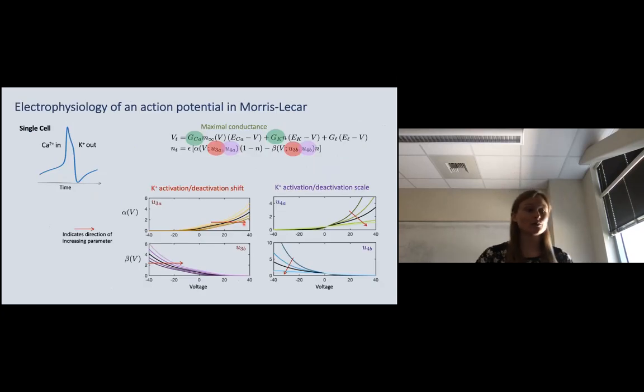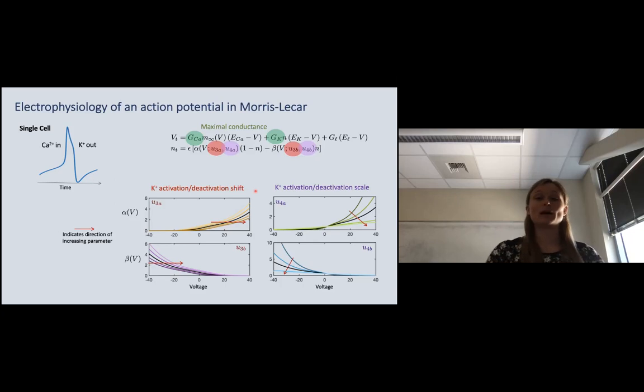All right, but I want to reinterpret these results in the context of the physiology and see what we can find from here. So we're using the Morris-Lecar model for this problem, one, because it is still relatively simple, but two, because it does have some realistic behaviors in it, and the terms are loosely tied to these physiological behaviors, so we can interpret our results a little bit in the context of this physiology.